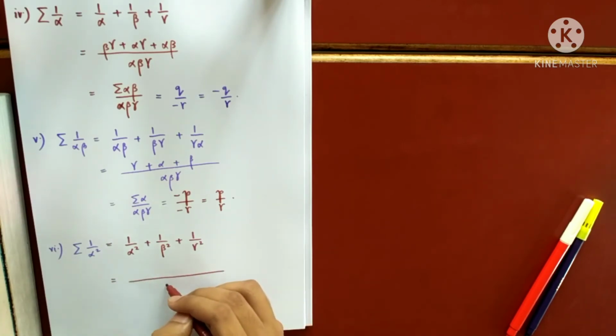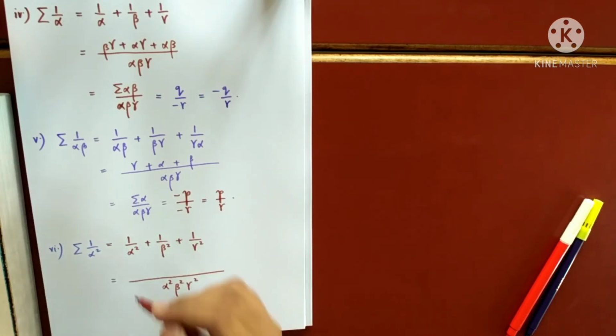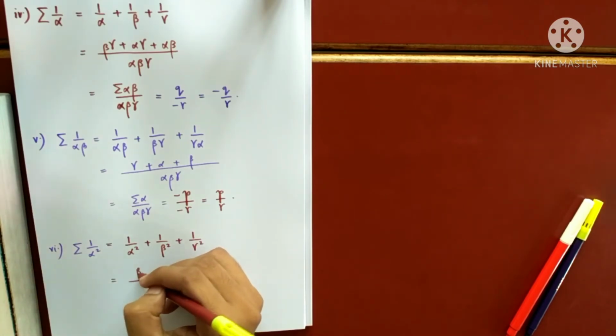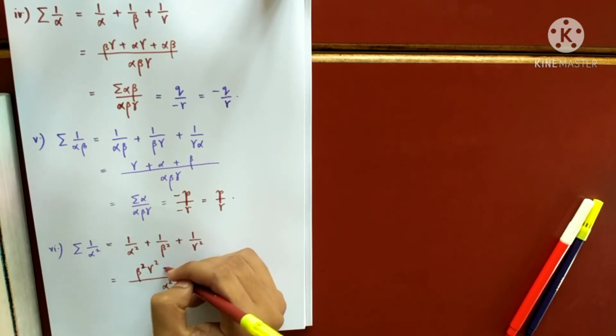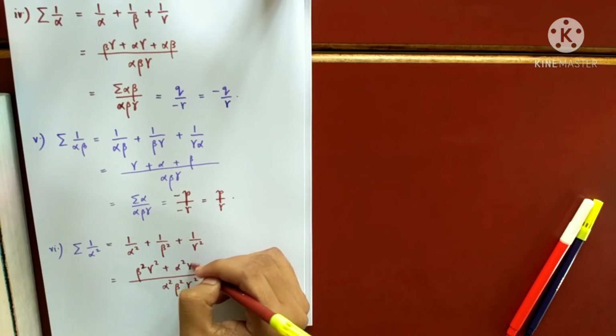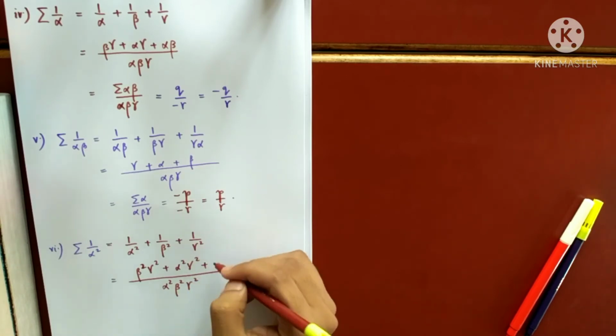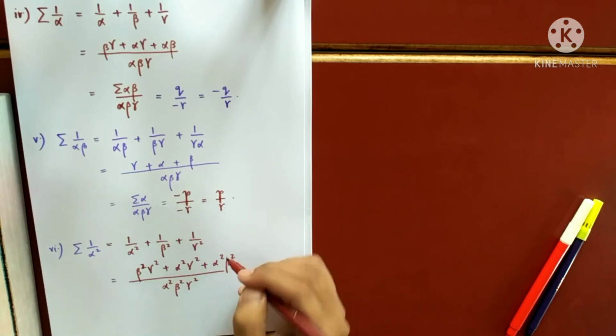It is alpha square, beta square, gamma square. Here I will remain with beta square, gamma square. Here I will remain with alpha square, gamma square. Here I will remain with alpha square, beta square. Right?